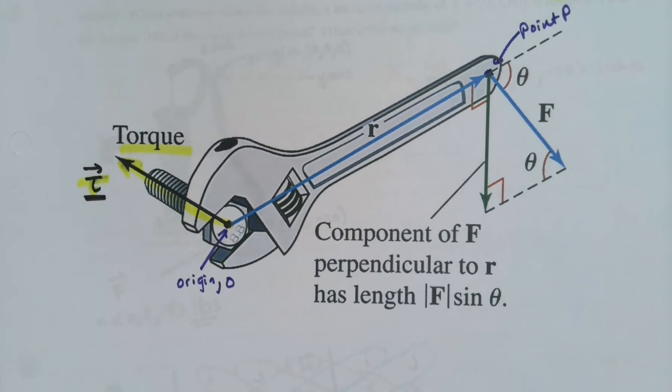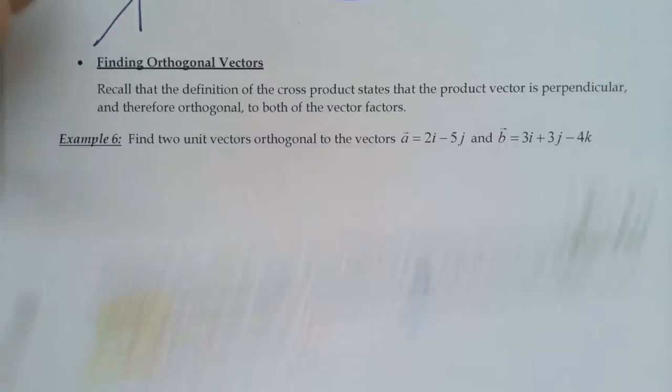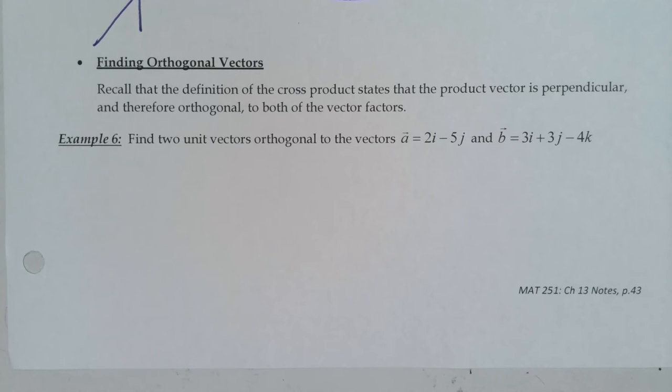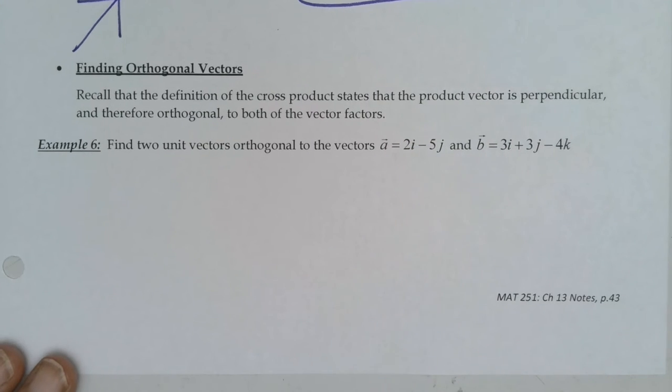Interesting. So that means that if they ask you to find an orthogonal vector, you just need to find the cross product, because the cross product would be automatically orthogonal to both the vectors. That's kind of what the cross product does, right? The torque is always perpendicular to both the force and the radius vectors. So let me make a little note.